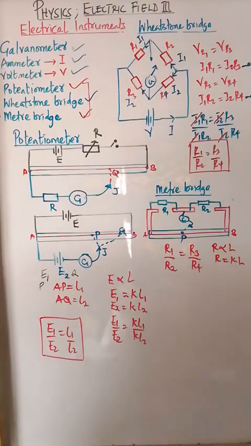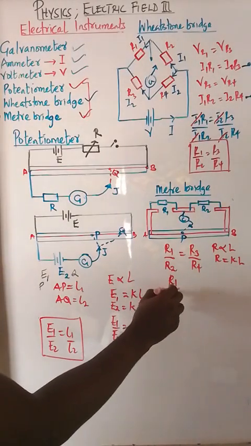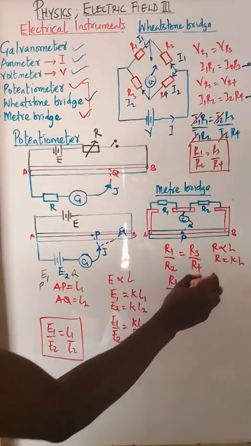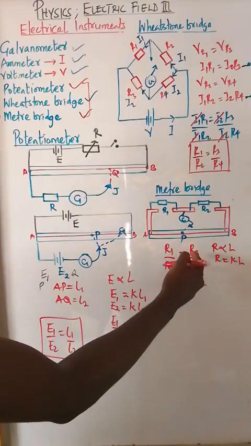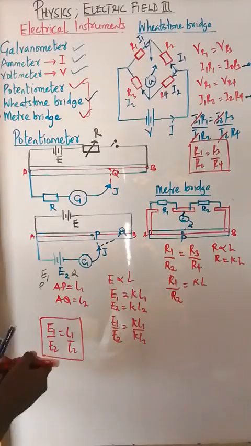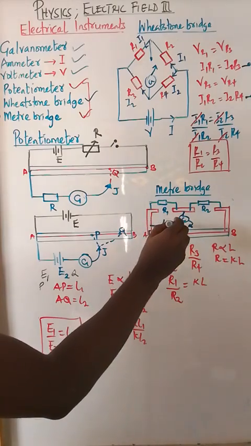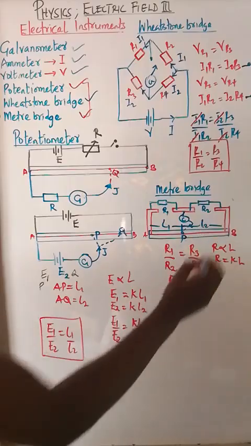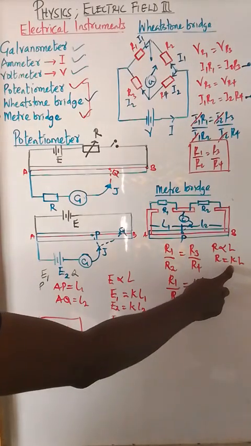From there we can say R1 over R2 equals, we can replace R3 with KL. Let's suppose from here to here is L1, and PB, from here to here, is L2. So this K is what we call resistance per unit length.